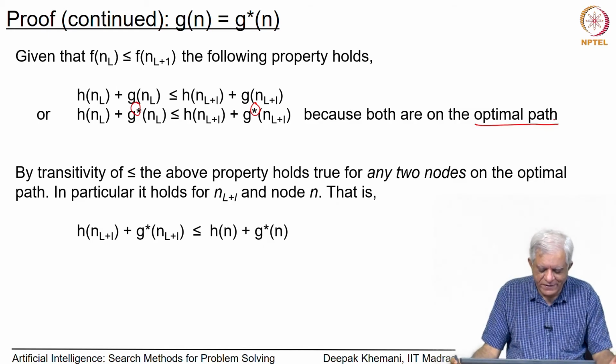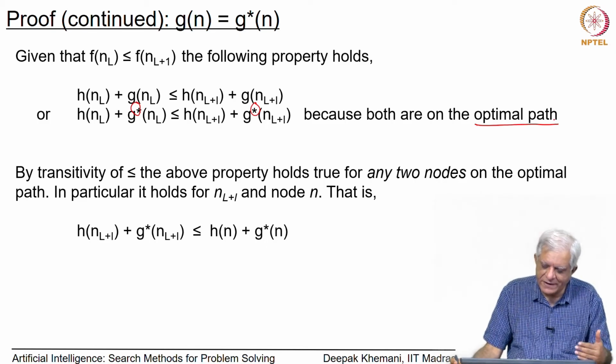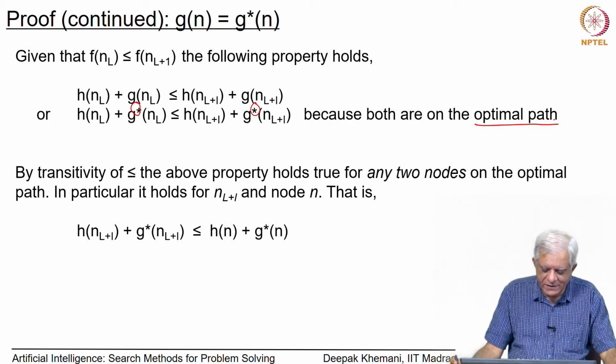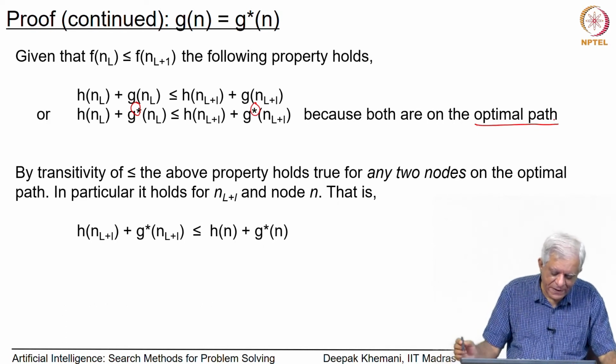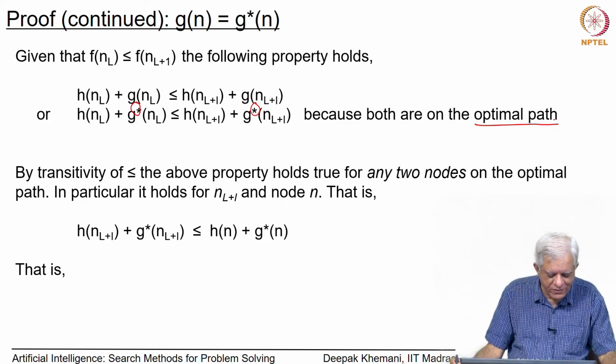So, we can also say that the relation between the L plus 1 node, which is on open, and the node n, which is also on open, is that the h plus g star value is lower or equal for the L plus 1 node as compared to the node n essentially. So, we will use this to argue that any other path to n also must respect this inequality.